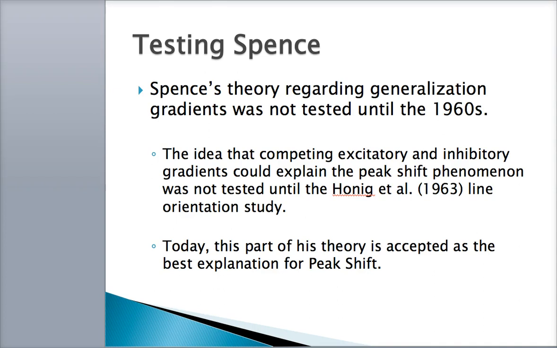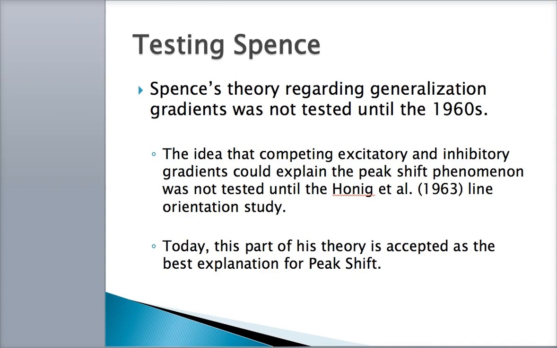His idea that competing excitatory and inhibitory gradients were responsible for peak shift really hinged on whether you could actually measure an inhibitory gradient. Was there any independent evidence of an inhibitory gradient? It took until 1963 for Honig, Pennypacker, and their students to conduct that line orientation study where they could actually see the inhibitory gradient.